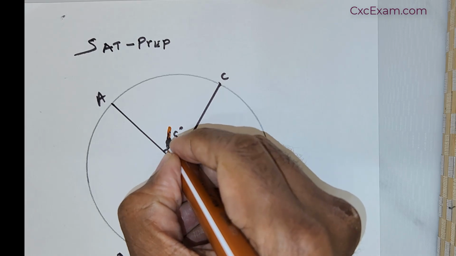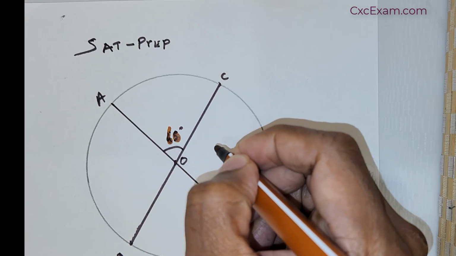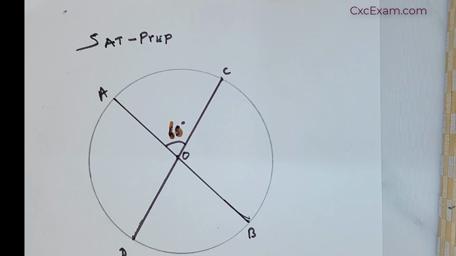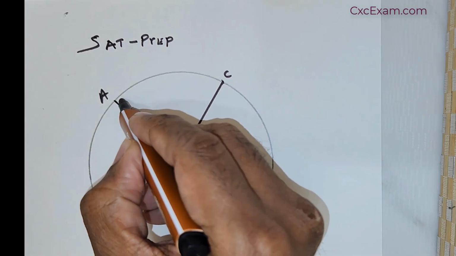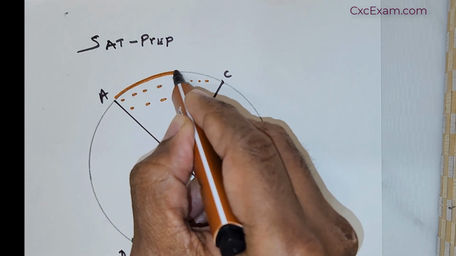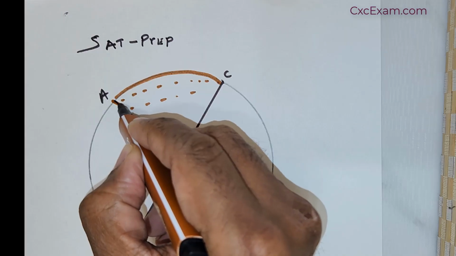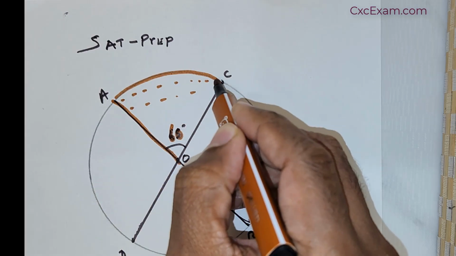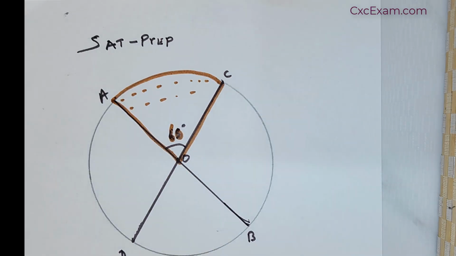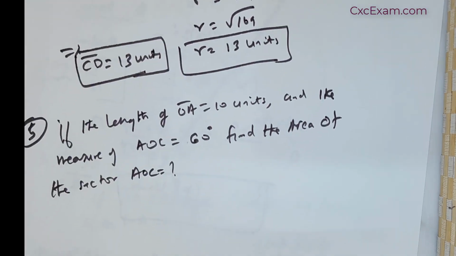So this is the new data, 60 degrees. Now we are asked to find the area of the sector AOC. So this region is required. Okay, this entire region, this is the sector. Right? So this region is what is asked.